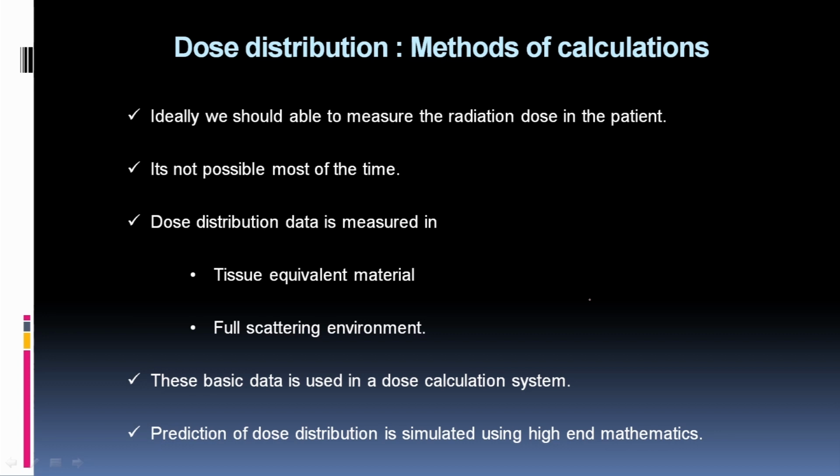There are various kinds of measurements available where we can directly measure the radiation dose to the patients, but there are many limitations of accessibility and suitable detector systems. This is not possible most of the time in our radiation oncology department to calculate the dose actually received by the patients during their treatment.